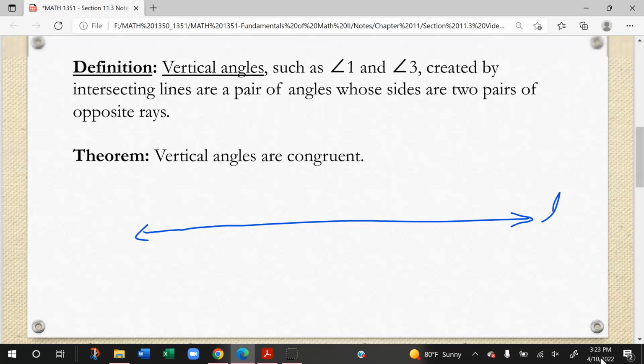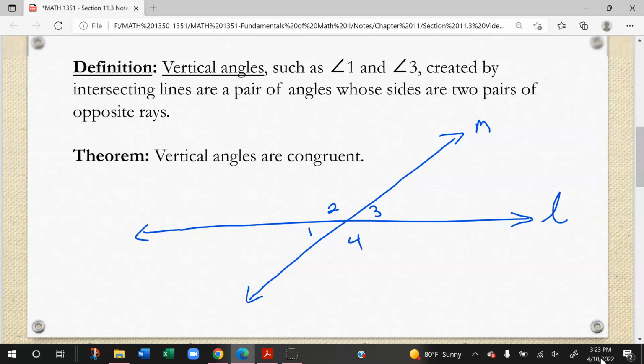When we talk about vertical angles, let's look at, let's just say, a line, and this is line L. And then we have line M, okay? And then we have angles 1, 2, 3, and 4. Angles 1 and 3 are vertical angles because they're created by intersecting lines.